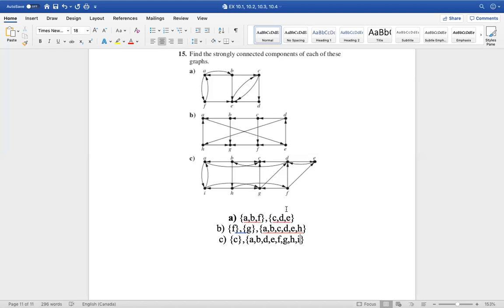D cannot be a strong component because we can still traverse from D, since it has an outgoing edge from D to B, and also from D to E, right? So we can traverse from D to the other nodes as well. Therefore, this is not a strongly connected one. Okay, makes sense now.